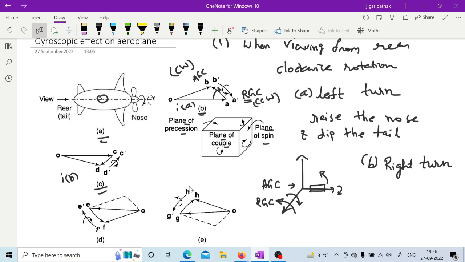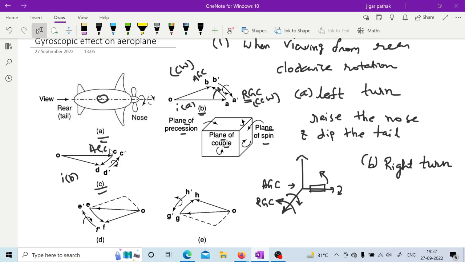Can anyone tell? Nose down and tail up. Okay, but you understood why it will be like that? Because the spin axis is going to rotate about the precession axis in this way, and because of that the active gyroscopic couple will be in anti-clockwise direction, so the reactive gyroscopic couple will be in clockwise direction.